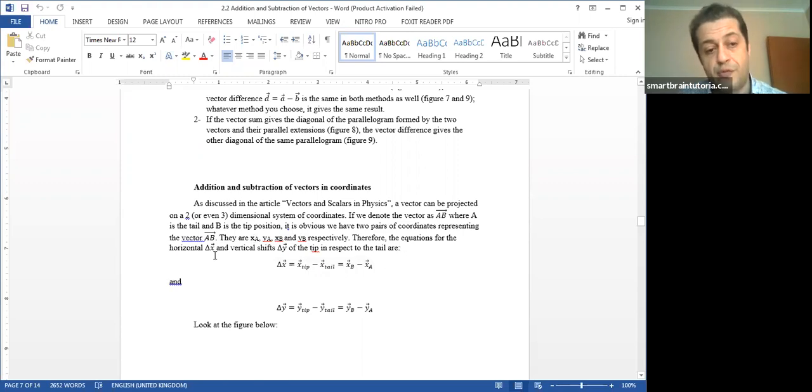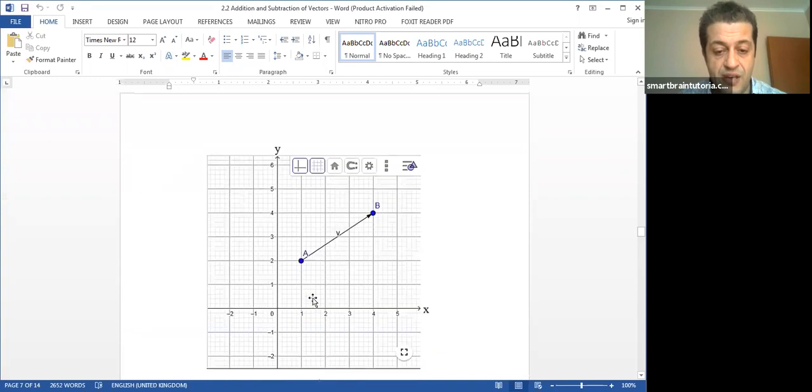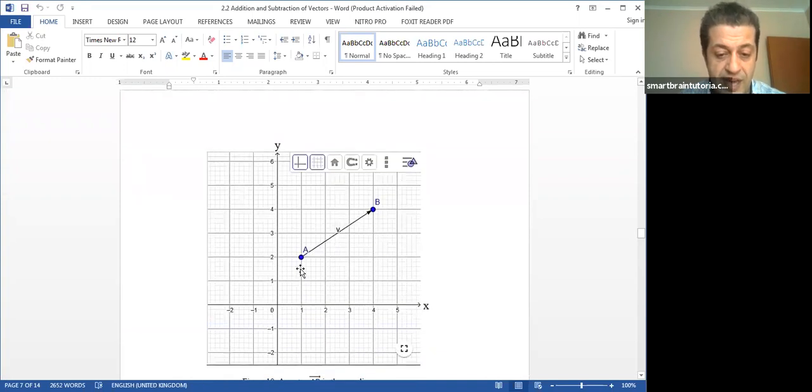Therefore, the equations for the horizontal and vertical shift of the tip with respect to the tail are as shown here. Here we have x of A is 1, x of B is 4, y of A is 2, y of B is 4.